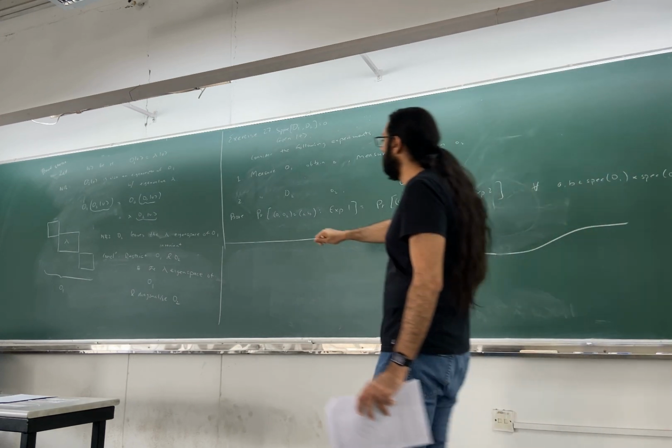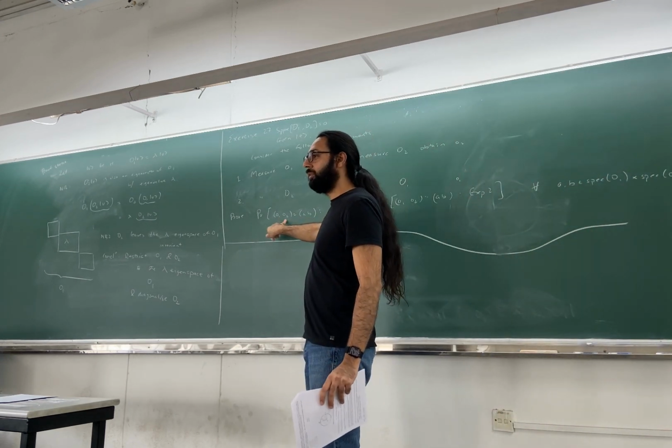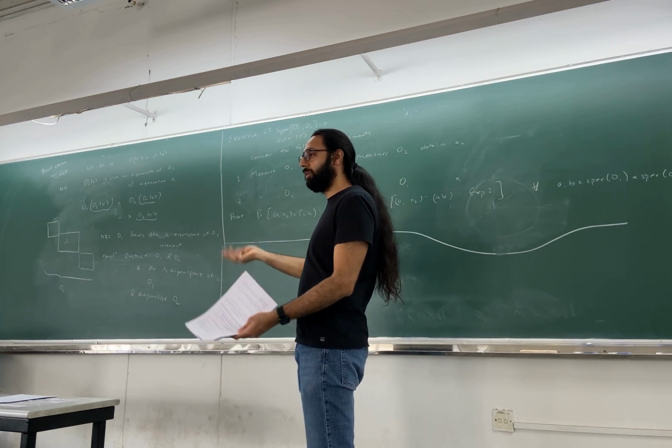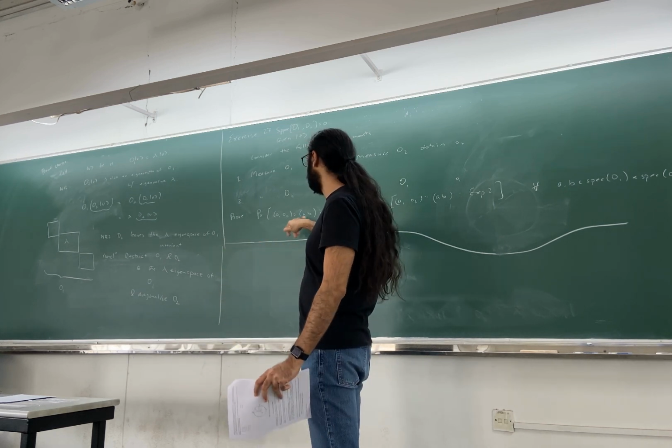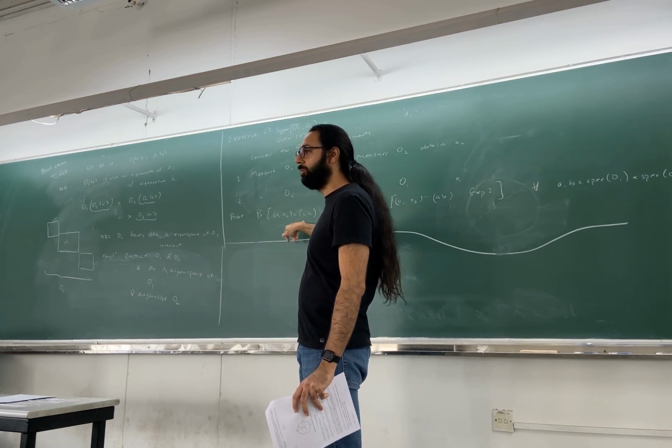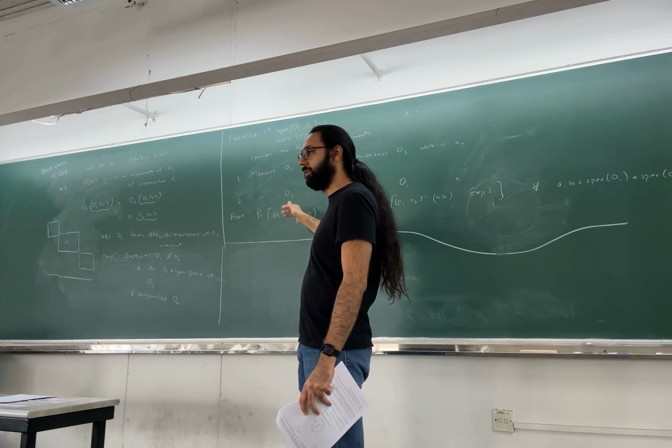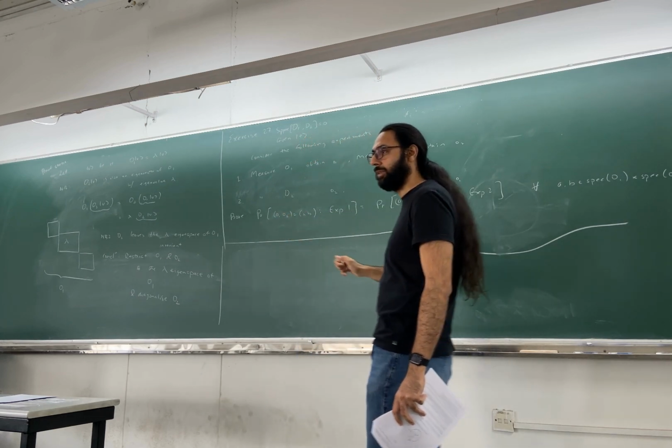You can think of little o1, little o2 as random variables, because you run the experiment, and it's a random variable. Now you're asking what is the probability that the random variable has a specific value.